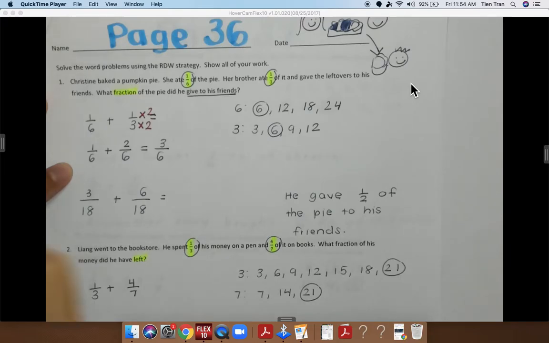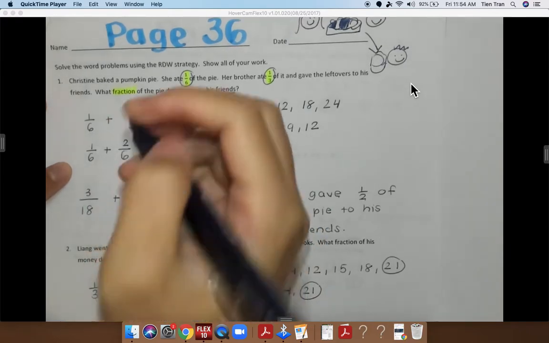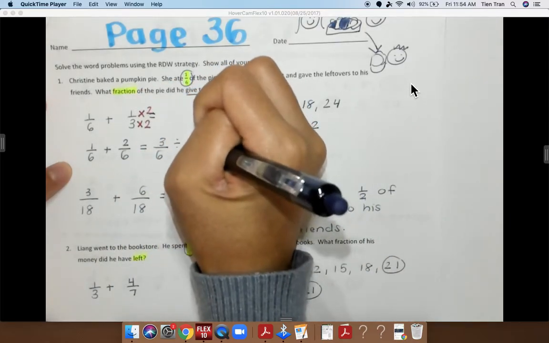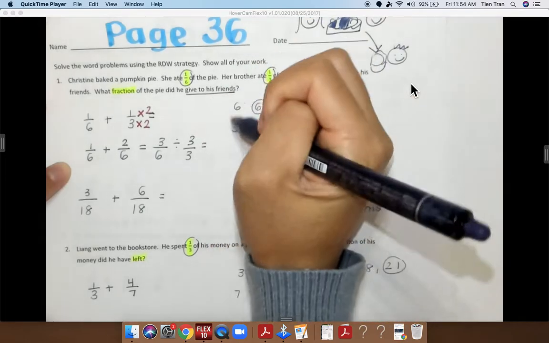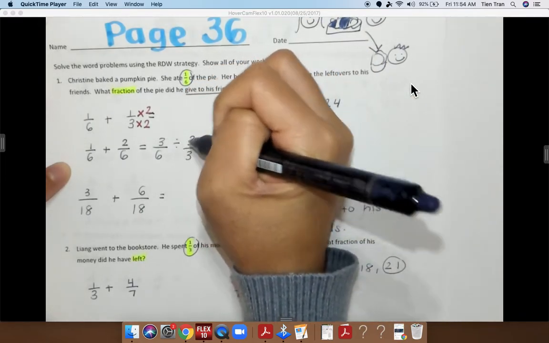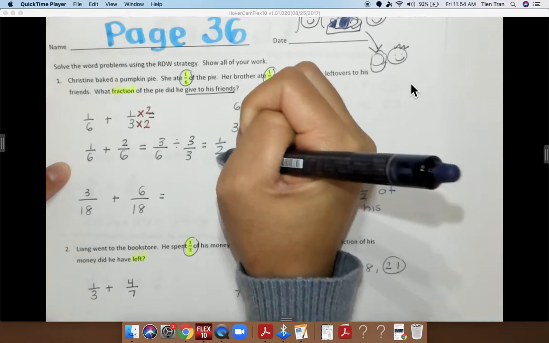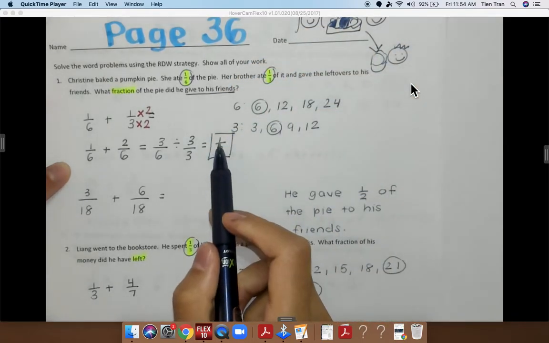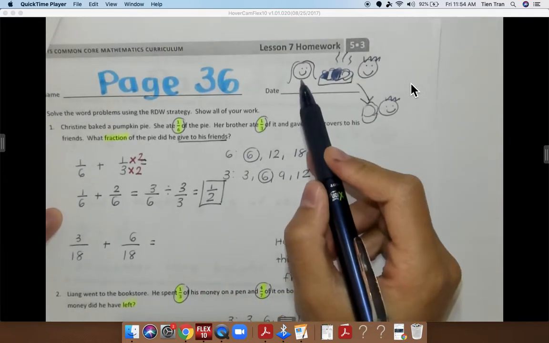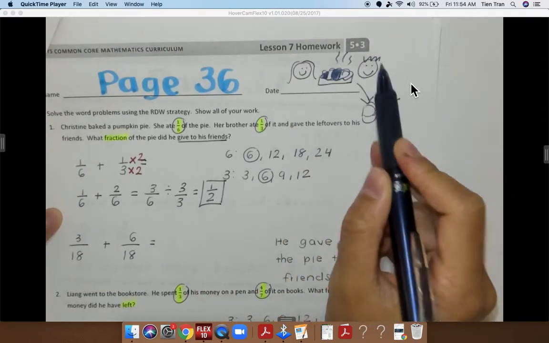I can divide by 3 over 3 to simplify it and get 1/2, because 3 divided by 3 is 1 and 6 divided by 3 is equal to 2. So I have 1/2. Now this is the number that Christine and her brother ate. So they ate half of the pie.